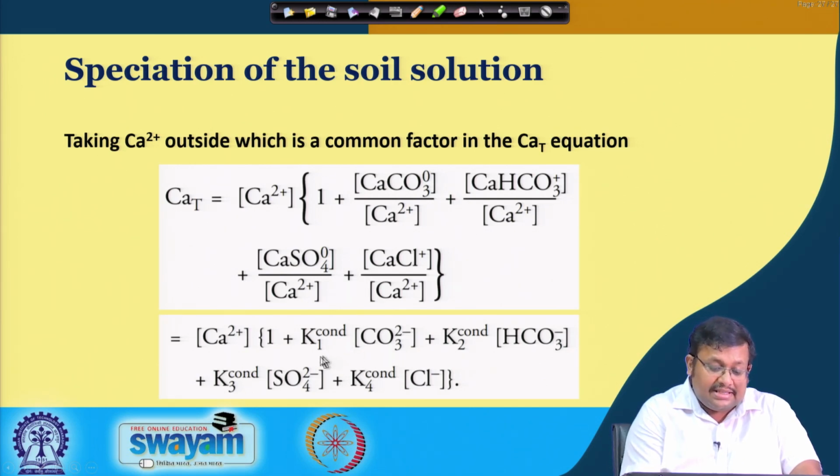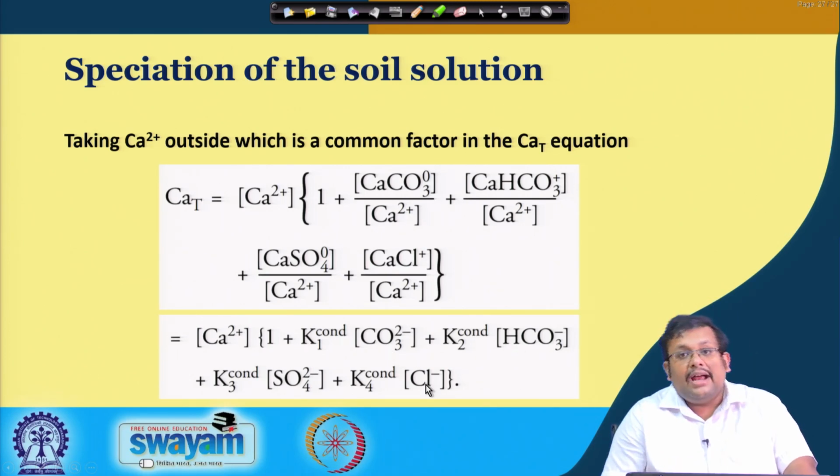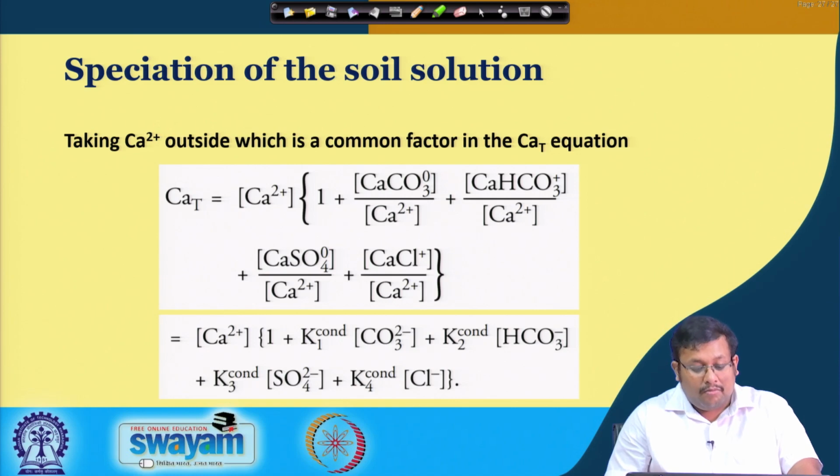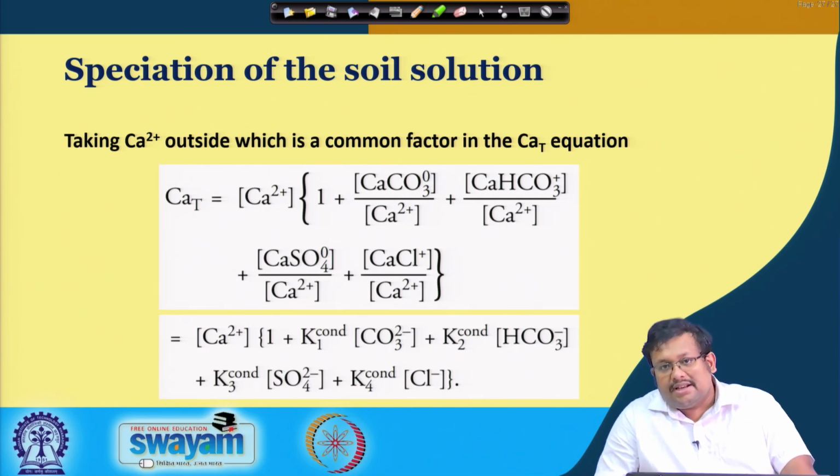For example, K1 conditional, the conditional stability constant of calcium carbonate, is multiplied by the concentration of the ligand, carbonate, and similarly for bicarbonate, sulfate and chloride. So, basically we have reshaped the equation in the form of conditional stability constants.